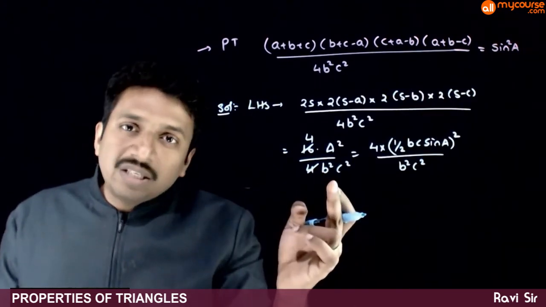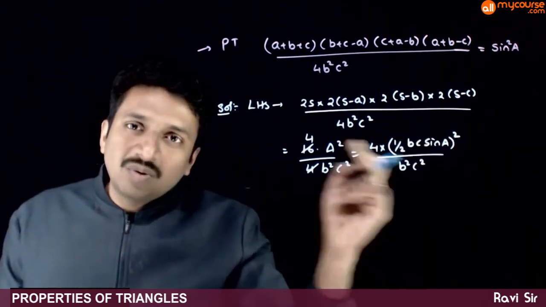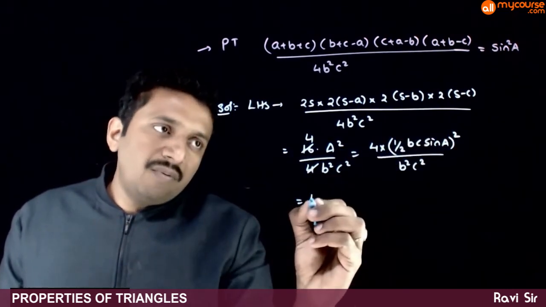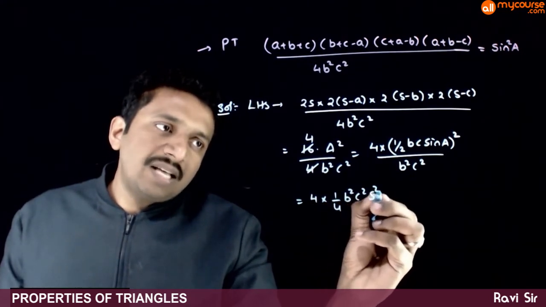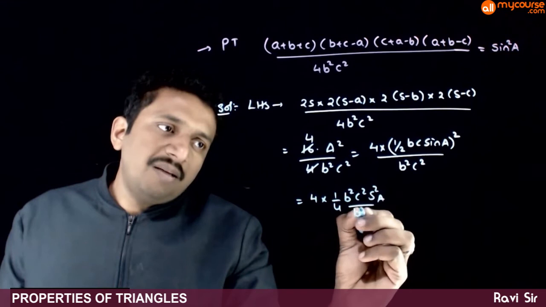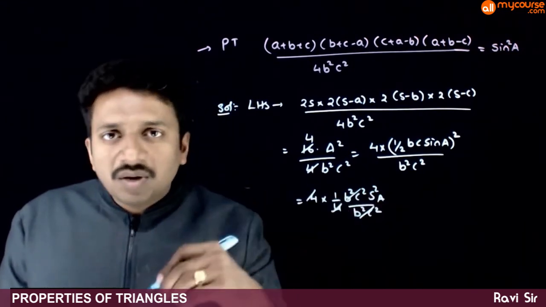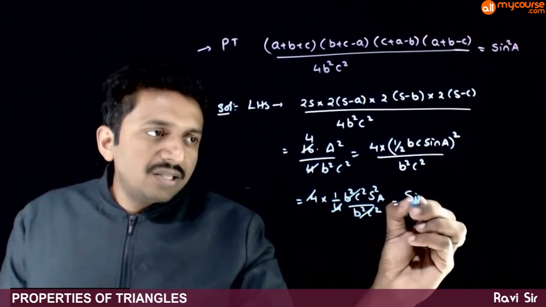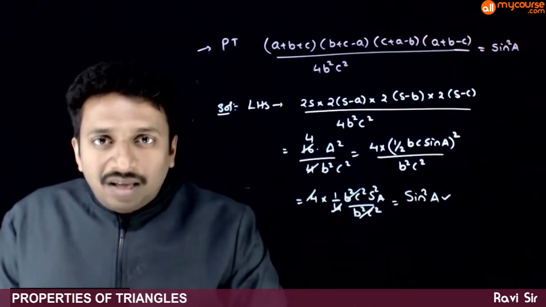It means b square and c square have to get cancelled out, so I'll write a formula where b square c square can be cancelled out. That is equal to 4 times 1/4 b square c square sine square A divided by b square c square. 4 and 4 are getting cancelled, b square c square and b square c square are getting cancelled. So it is equal to sine square A, which is the RHS, hence proved.